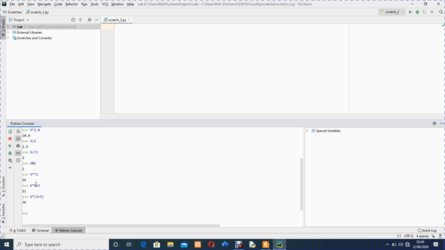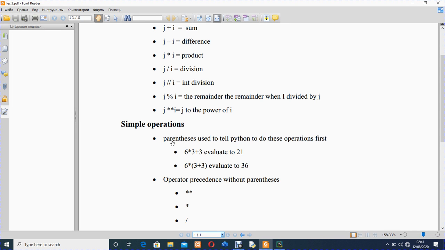You see the differences? 6 times 3 plus 3 equals 21, while 6 times parentheses 3 plus 3 equals 36. See the condition here. Parentheses are used to tell Python to do this operation first. That's the result we got.